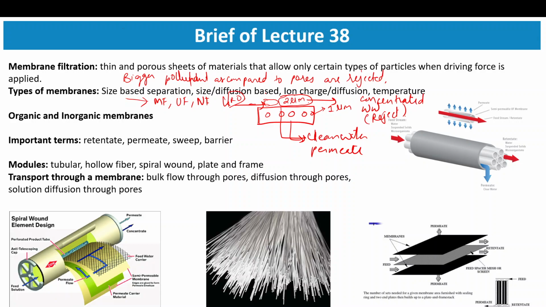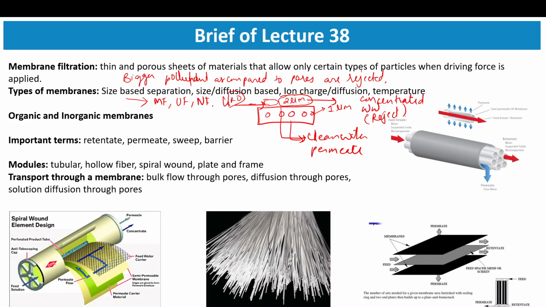So in that case, even very small pollutants or ions, sodium ions are very small, even those ions can be removed by RO. And RO is the most common. You would have heard that mostly all household filters nowadays have RO filters.